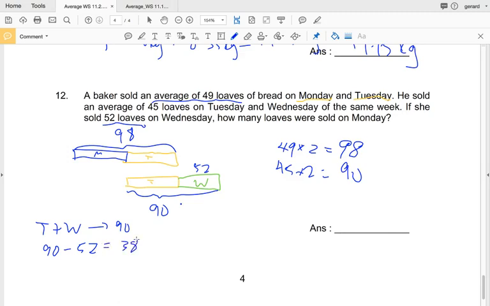This will be Tuesday. So Tuesday is 38, same for top and bottom. We want to find how many loaves were sold on Monday. You just need to take the 98. Notice the Tuesdays are the same, so you can use the 38 again. 98 minus 38 gives you 60. Ta-da! We're done.